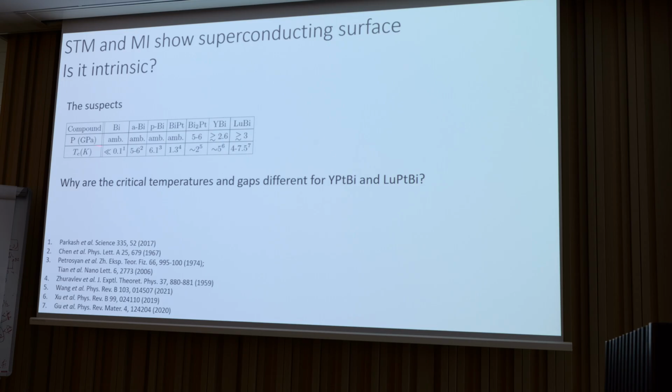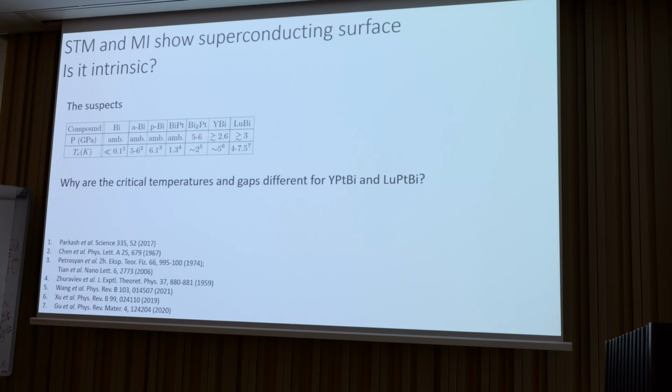And these are usually what you get for the critical temperatures. A lot of these are really not compatible with what we see, especially since we get different gaps and different critical temperatures for those states on yttrium platinum bismuth and lutetium platinum bismuth.